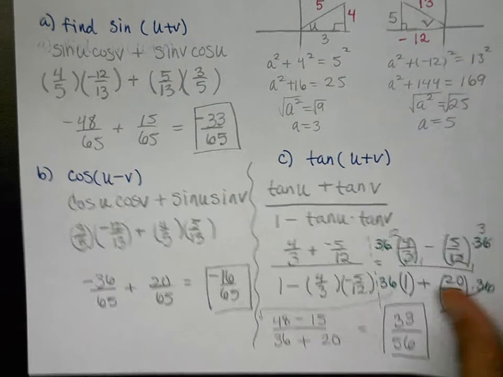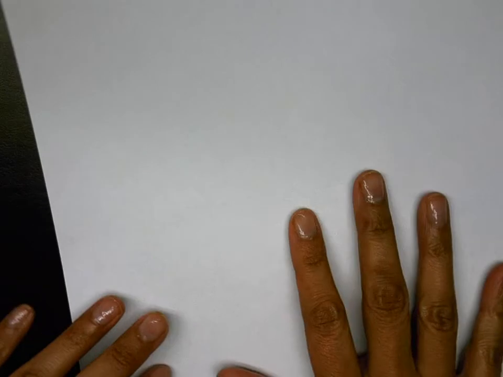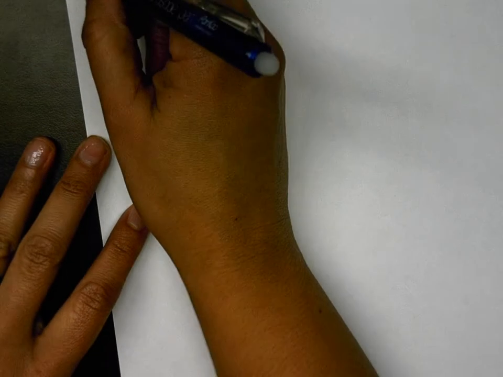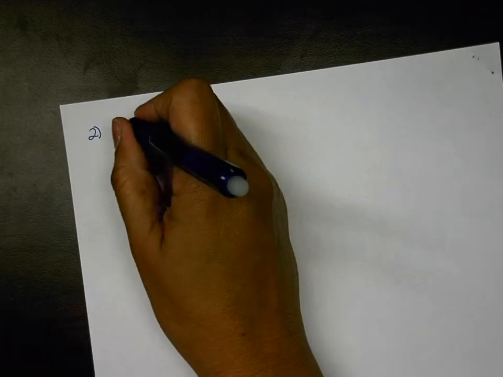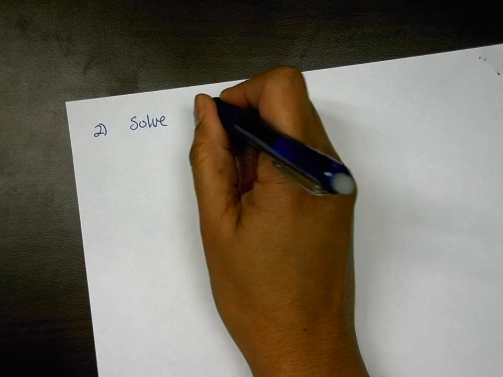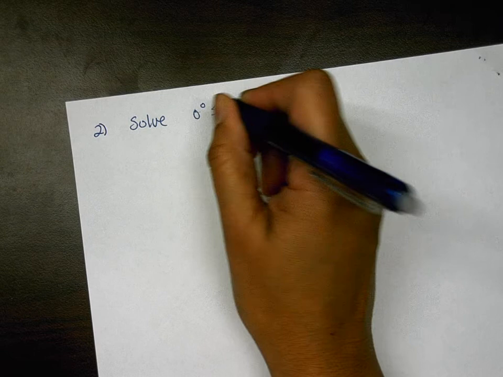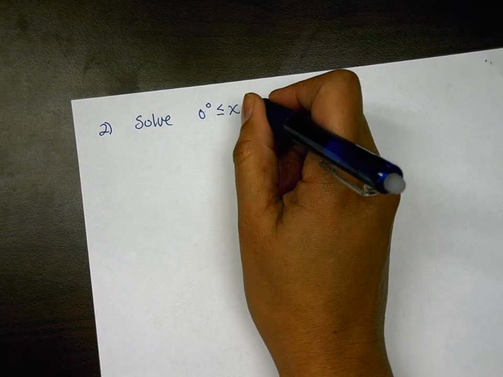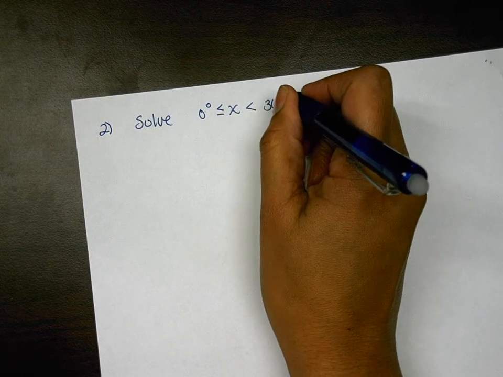Okay, number 2. Number 2 is a solve. And we're going to solve, but where 0 degrees is less than or equal to x, which is less than 360 degrees.